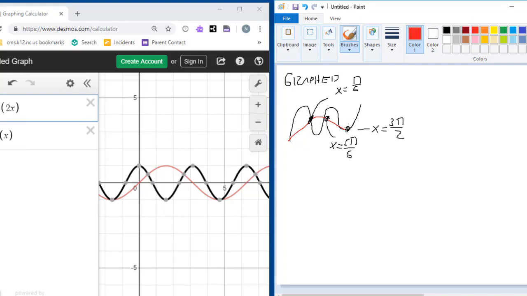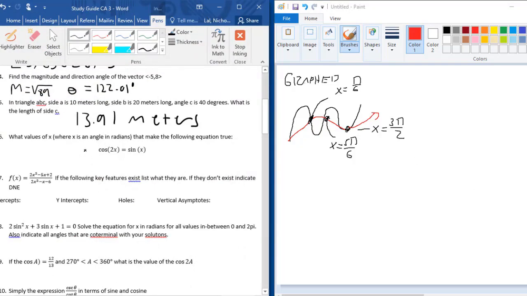It obviously does not have to be pretty, but if you can just draw a sine graph and the points and then point out where your points of intersection are, that really demonstrates you graphed it in your calculator and you knew what to do.